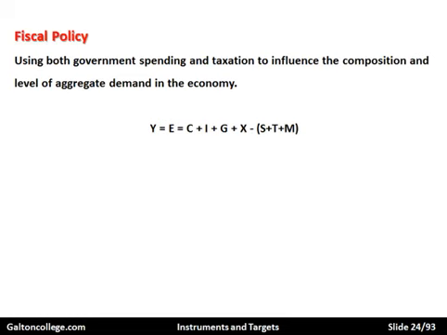So Y is equal to E. E is aggregate expenditure, the total level of expenditure, which is equal to C. C is consumer expenditure, aggregate consumer expenditure, what we all spend, plus I. I is aggregate investment, what all the companies spend on new capital goods and additions to stocks.